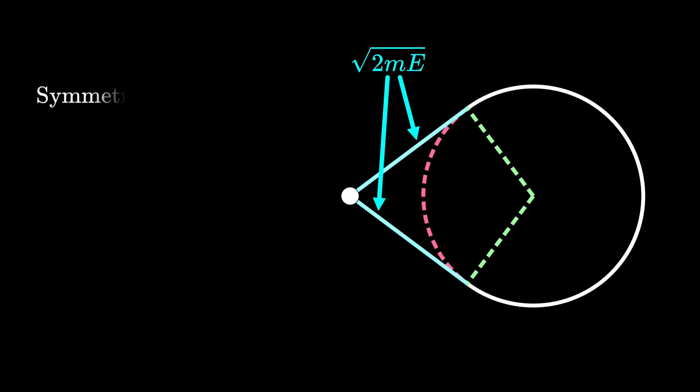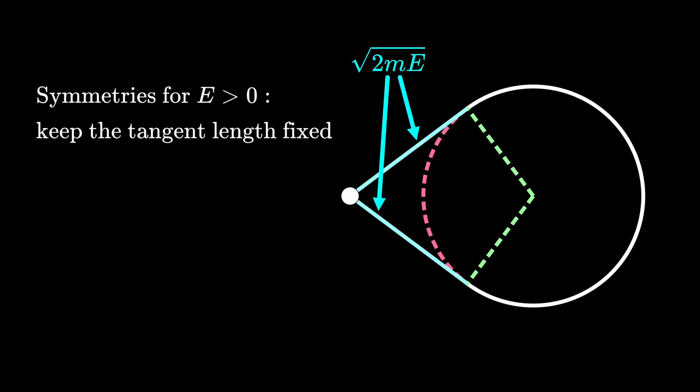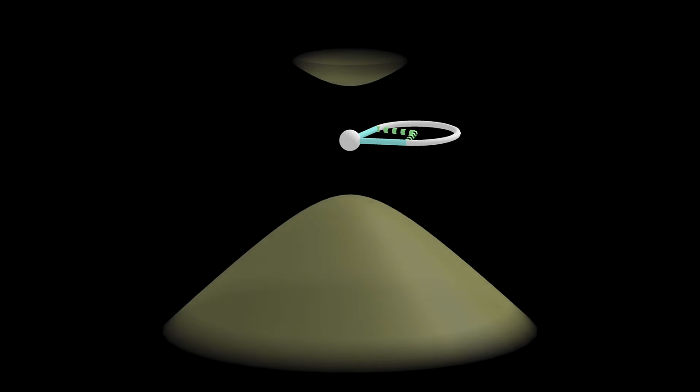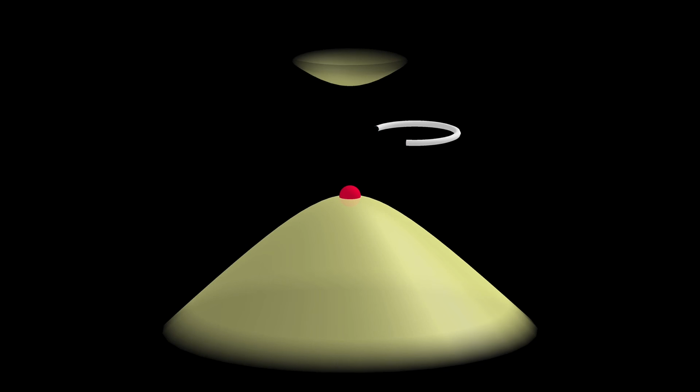So the symmetry in this hyperbolic case are all transformations that keep the tangent lengths fixed. It turns out that there are also some higher dimensional symmetry involved, but this time it's not a sphere, it's a hyperboloid, where the length of the blue tangents is the distance between the center and an apex of the hyperboloid. We do a stereographic projection here as well.